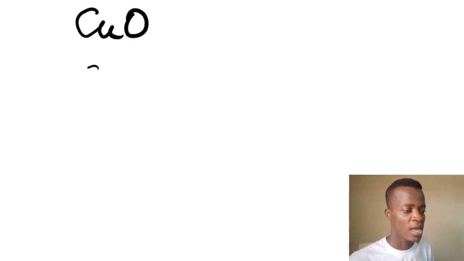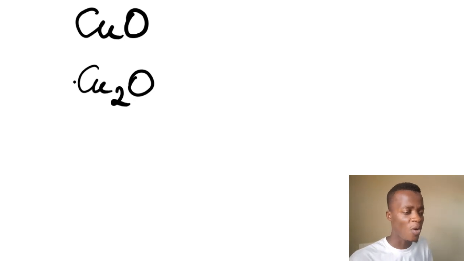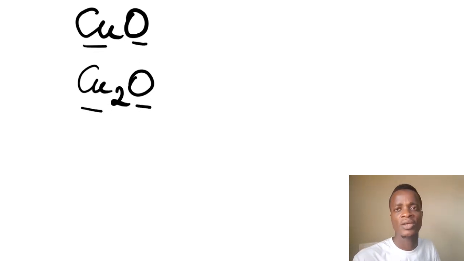For example, see this one, CuO, right? And then Cu2O. So we see this compound, copper and oxygen, copper again and oxygen, right? But then the same oxygen, so why is copper here with one and then copper here appearing twice?